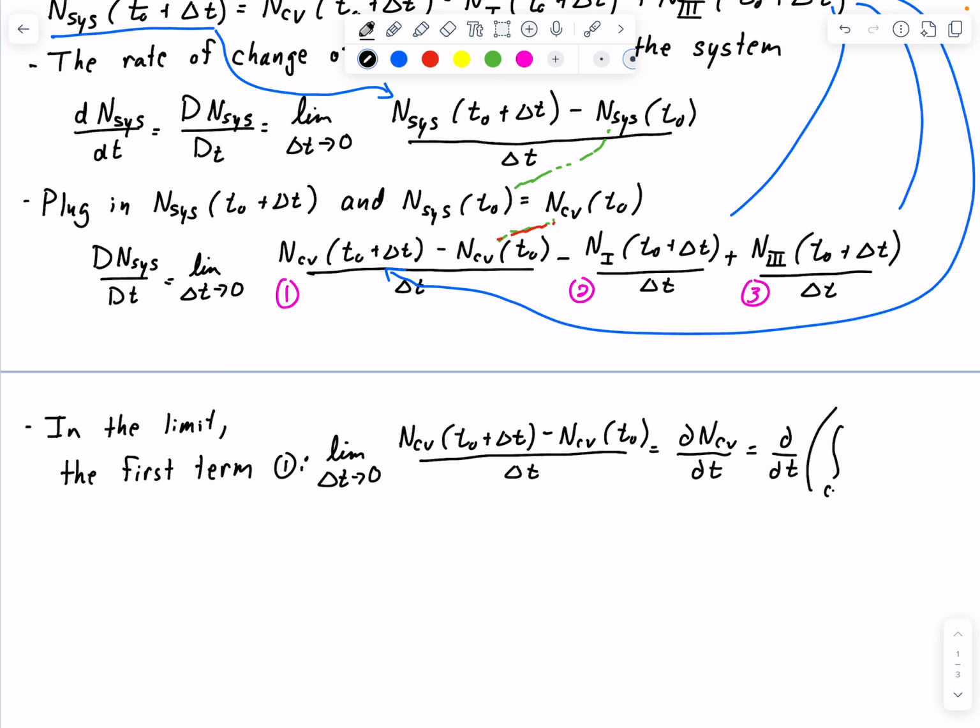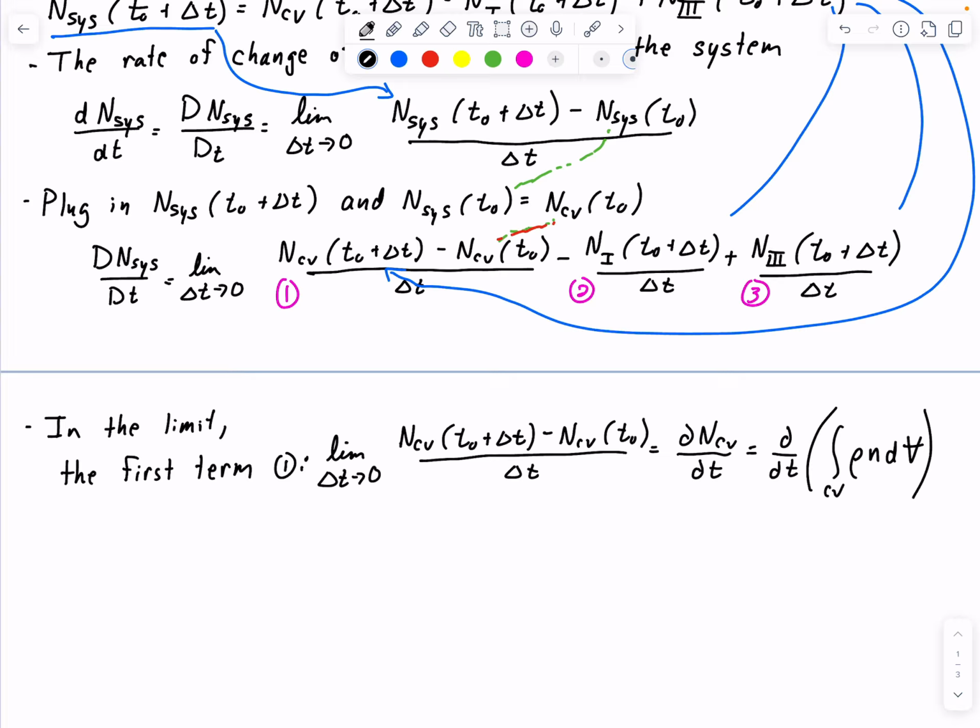So we have the integral over the control volume of the density of the fluid times the lowercase n, which is the intensive property, integrated over some volume.